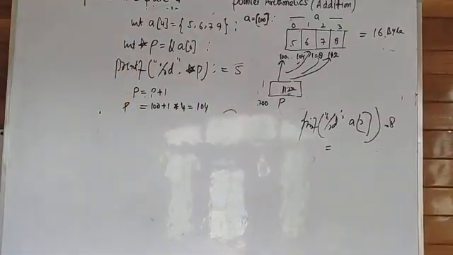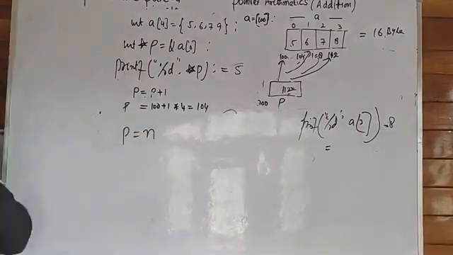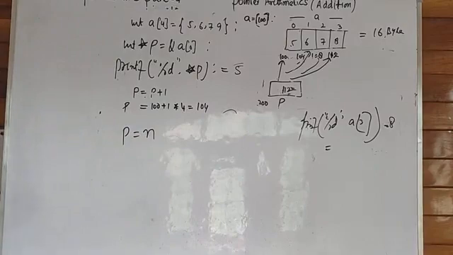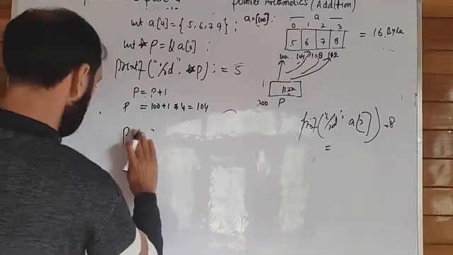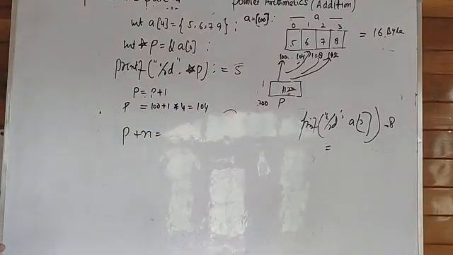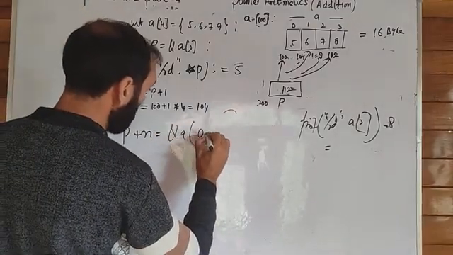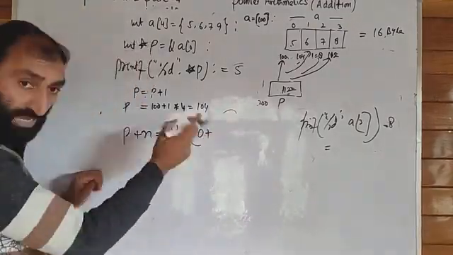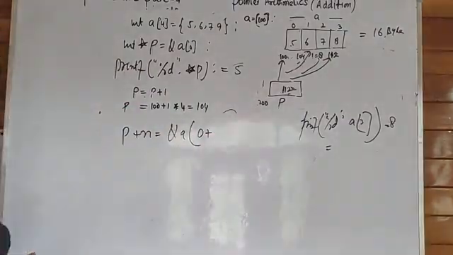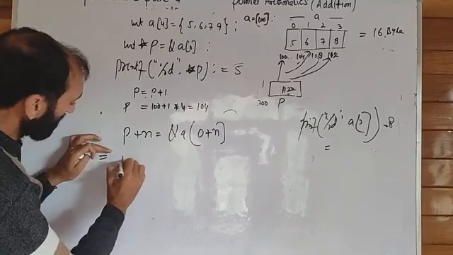The general formula is P plus n, where P is a pointer, which equals address of A of 0 plus n.